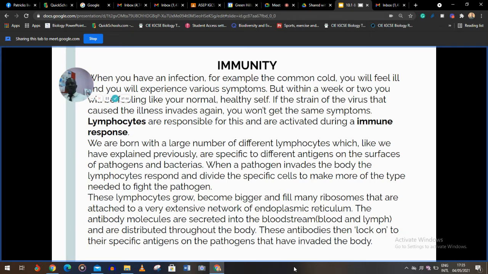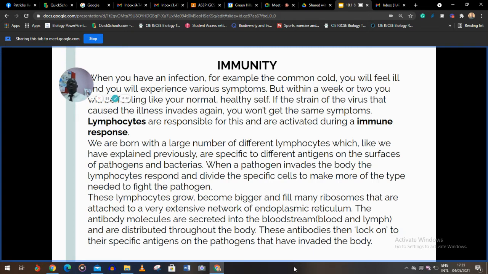I repeat, the first time you get a disease, it will cause you to become so ill, because your body has not yet produced any antibody that can fight that particular disease.